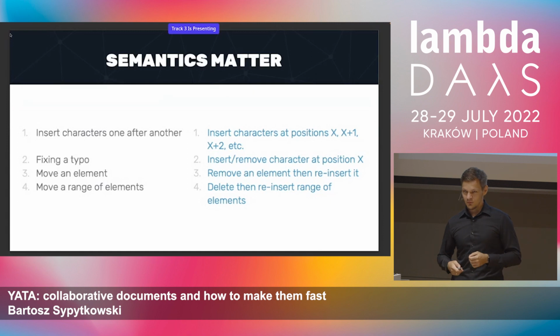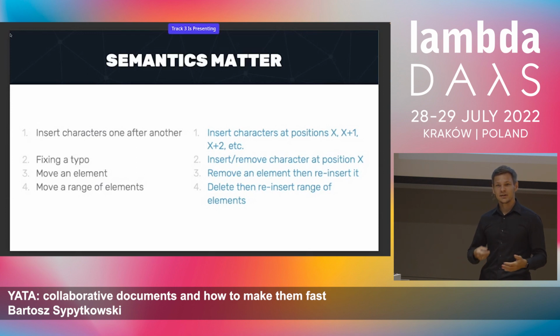So where this fails, basically, is when we are talking about concurrent writes, for example. So inserting characters one after another. We usually express this as insert those characters at index position 1, 2, 3, and so on. This is obvious for us. The thing is that it doesn't work when we are talking about concurrent scenarios, just as we've seen before.